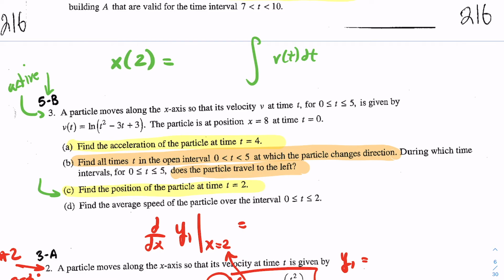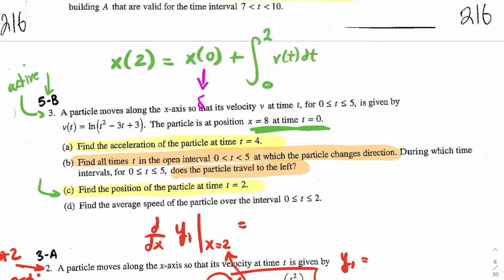The upper bound is going to be what I want, so I'm going to put 2. Down below is what I'm given, so t equals 0 right here. But then I also have to consider where I started, which is x of 0. And there you have it. That's the setup. Hopefully you see the patterns.